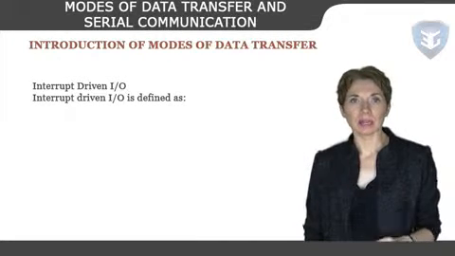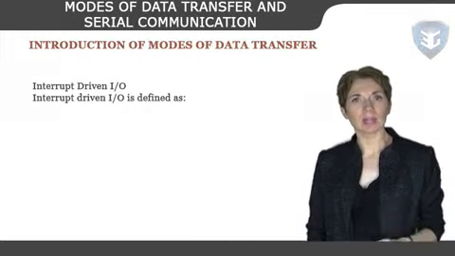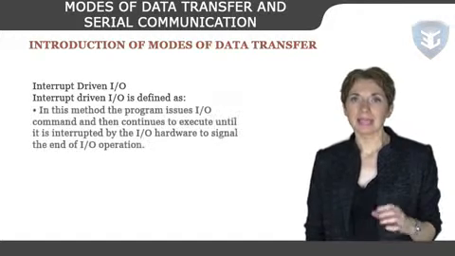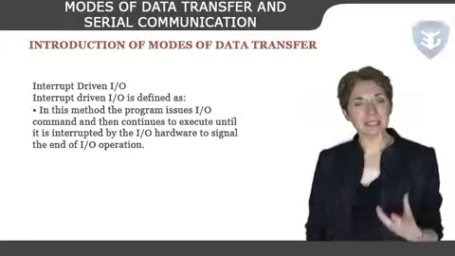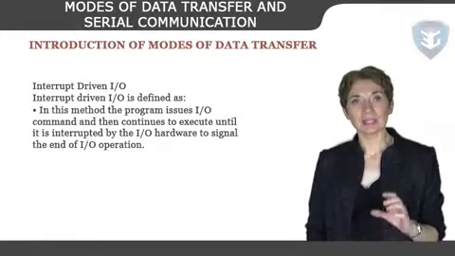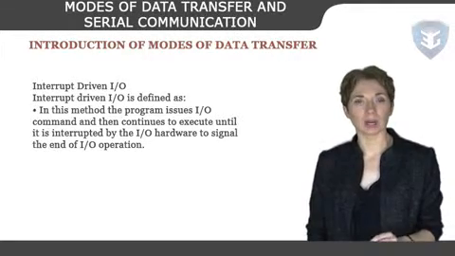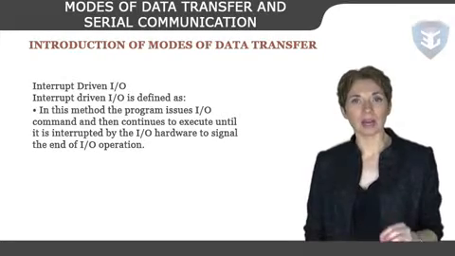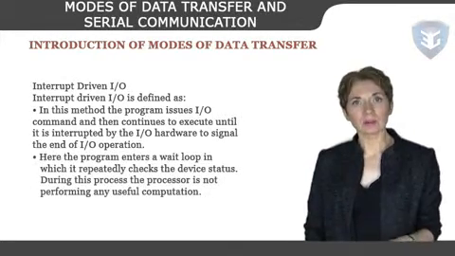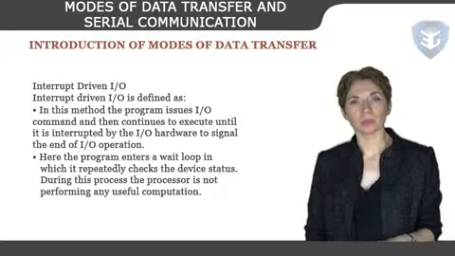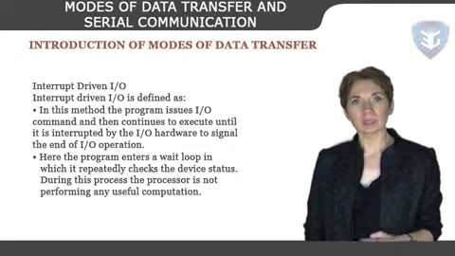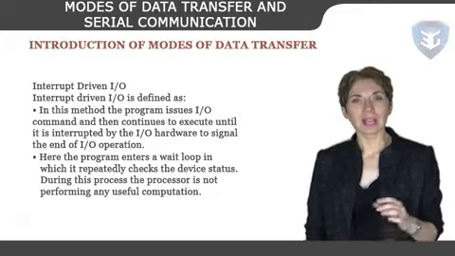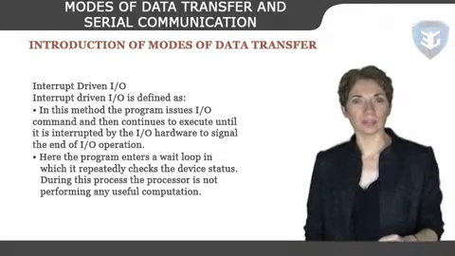Interrupt-driven I/O is defined as: in this method, the program issues the I/O command and then continues to execute until it is interrupted by the I/O hardware to signal the end of I/O operation. Here, the program enters a wait loop in which it repeatedly checks the device status. During this process, the processor is not performing any useful computation.